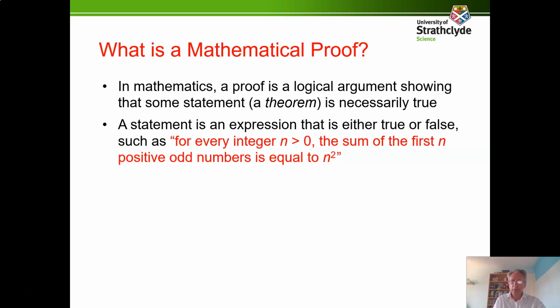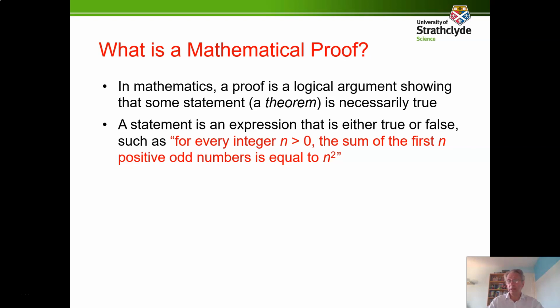What does that mean? Okay, so the first n positive odd numbers, well, let's take an actual value of n. Let's say n is equal to 3. What's the sum of the first 3 positive odd numbers? Well, that's 1, 3, and 5. So if we add those up, we get the sum.